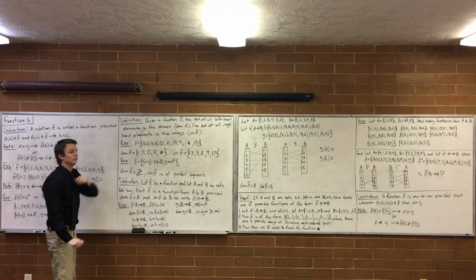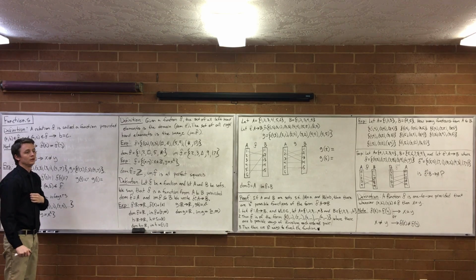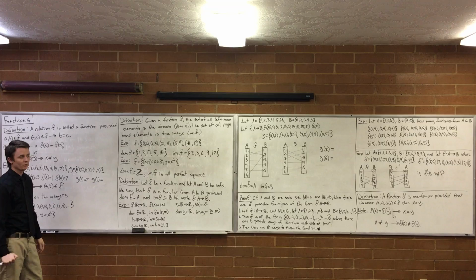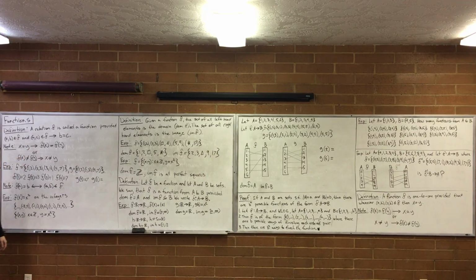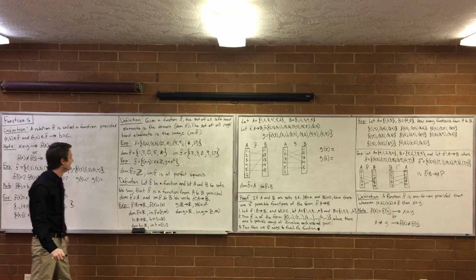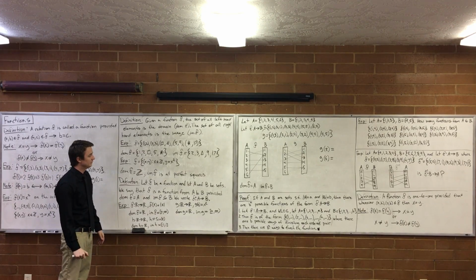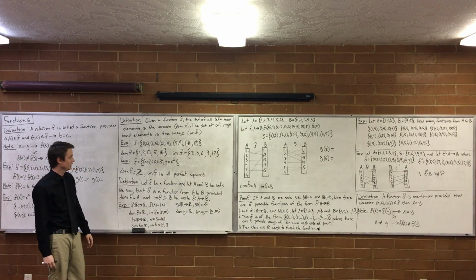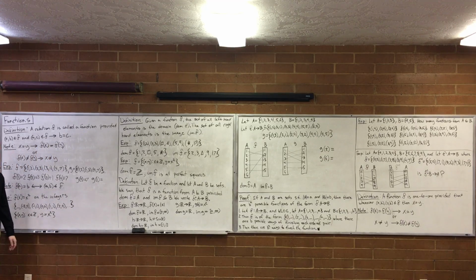Why do we call it the image when we've heard it called the range? Multiple names for the same thing. Just because they like to confuse our little brains. It's the English language. You have multiple words for the same thing. I don't know where range comes from. I don't know where that started being a thing.